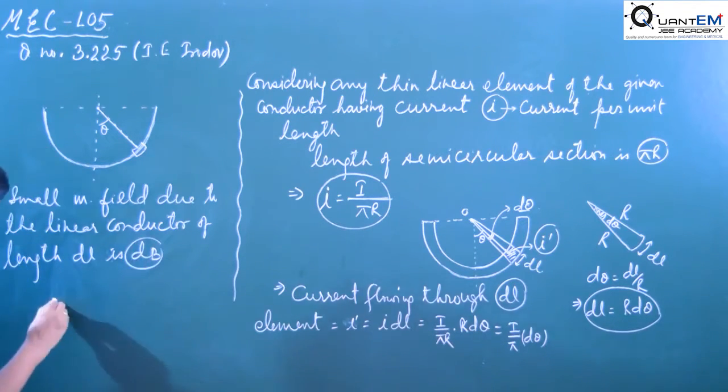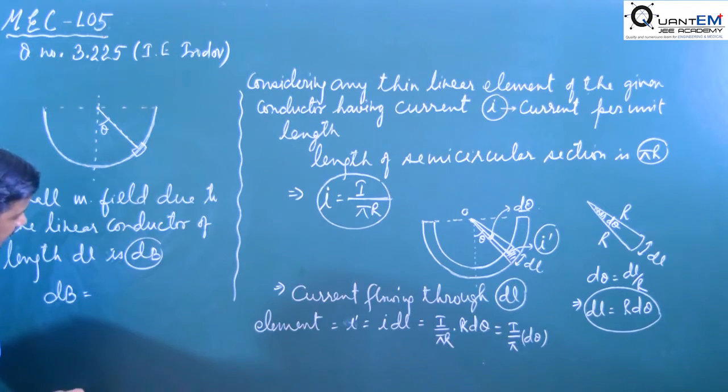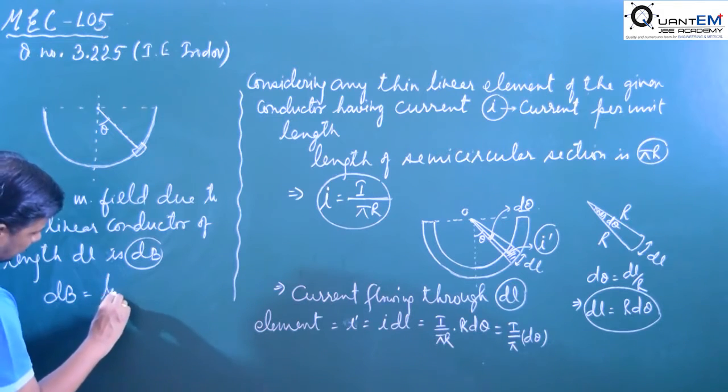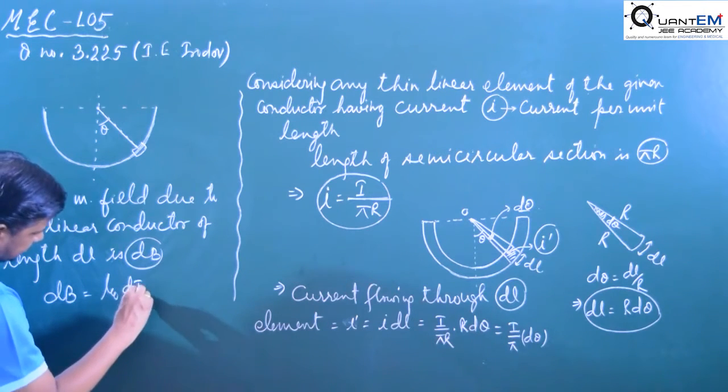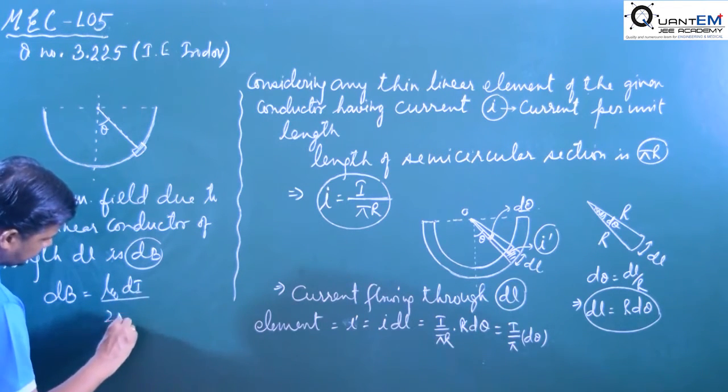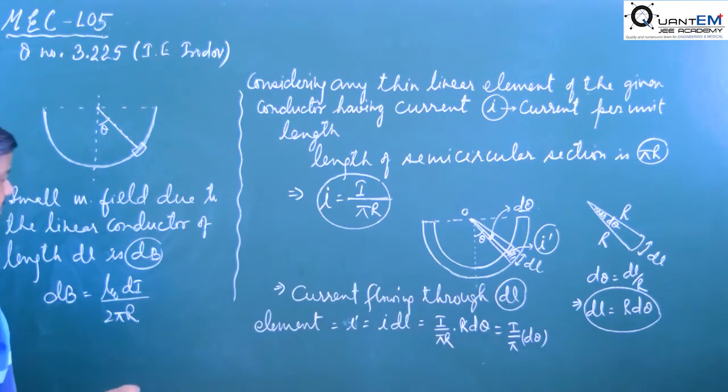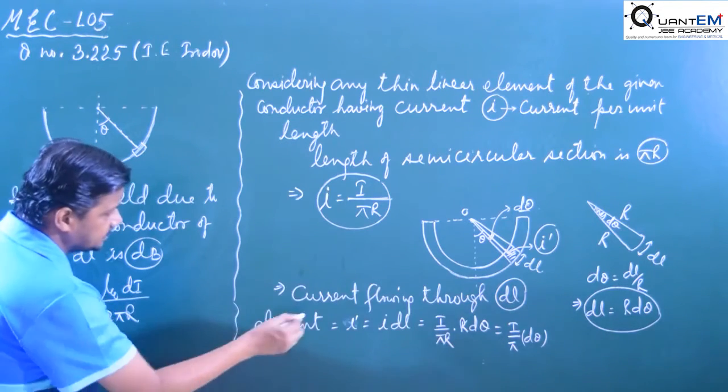And what is the value of dB? According to the formula we have mu naught I by 2 pi r. So here it is mu naught current dI divided by 2 pi r.